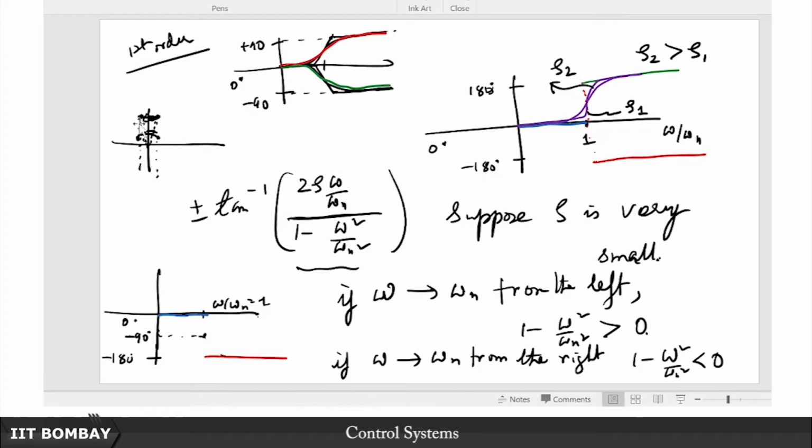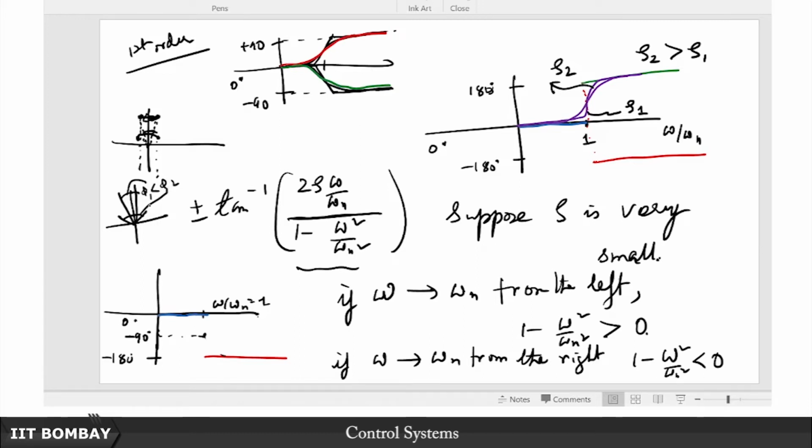You can immediately say that the imaginary part is comparatively much larger than the real part. So then also there is a transition from one side to the other in the real part, but the net angle, so the entire argument hinges on this, that if you look at the net phase change here, and if you look at the net phase change here, obviously this phase change is less than this phase change. So this is phi 1, this is phi 2, so this is obviously less. So as you increased zeta, you got phi 1, and as you decrease zeta you got phi 2.